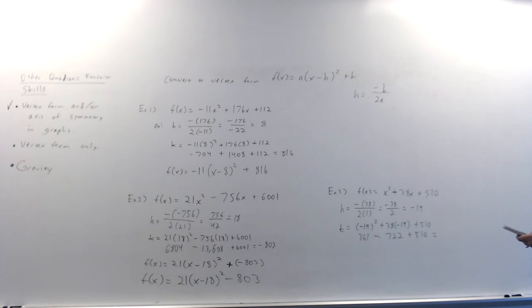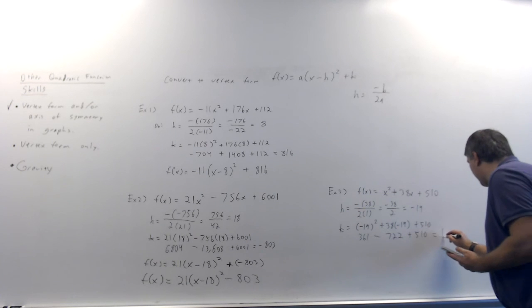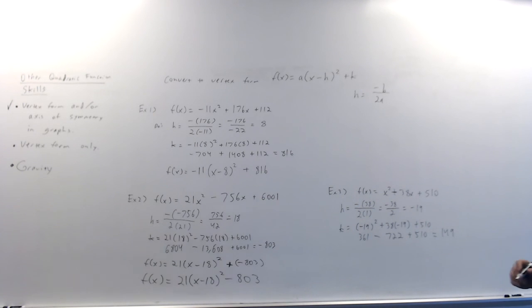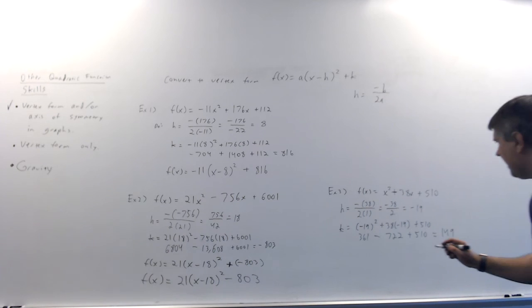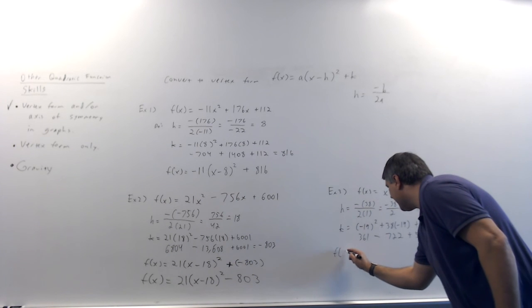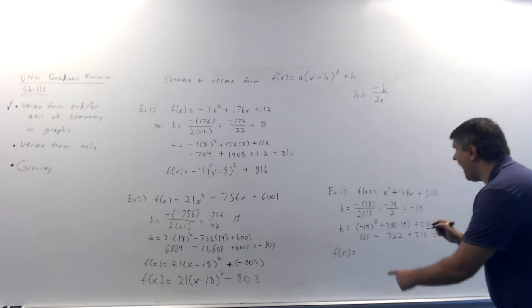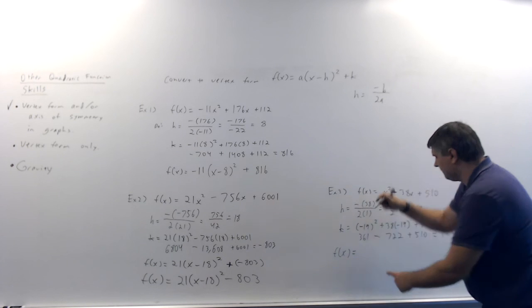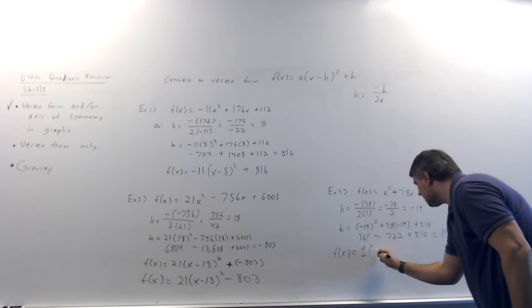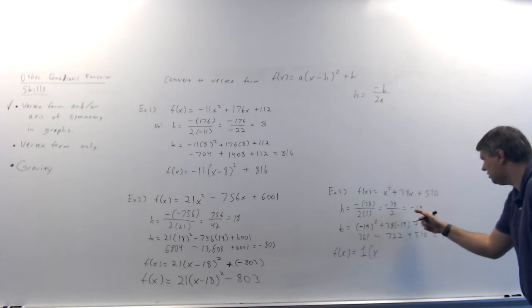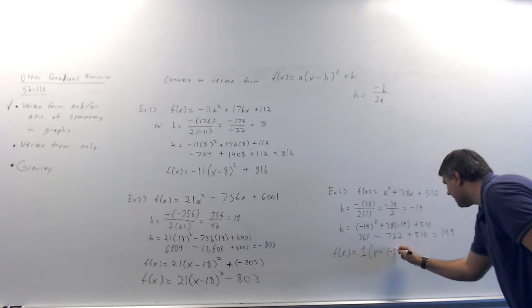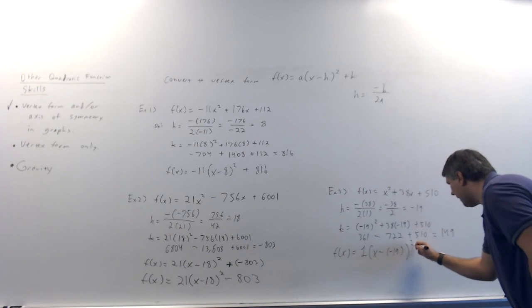That'll be positive 361. There's only one minus in that multiplication. So 38 times negative 19, negative 722, plus 510, is negative 149.